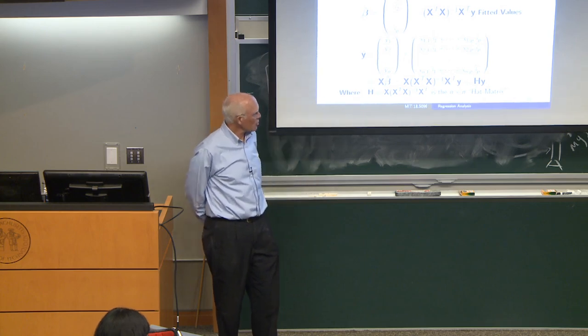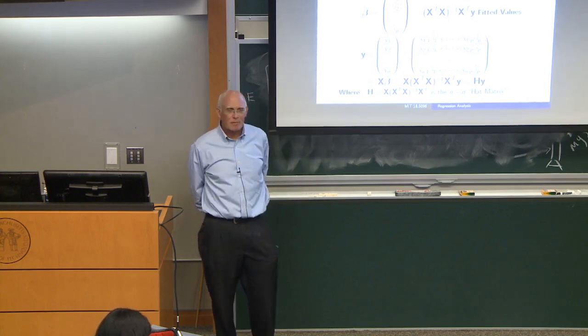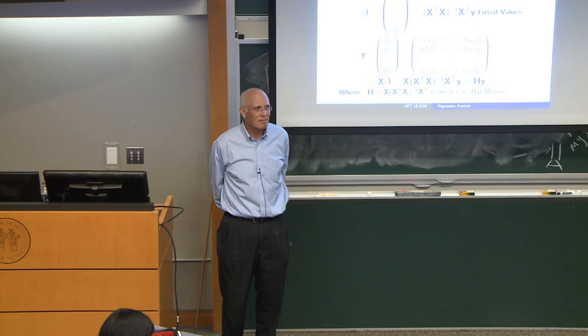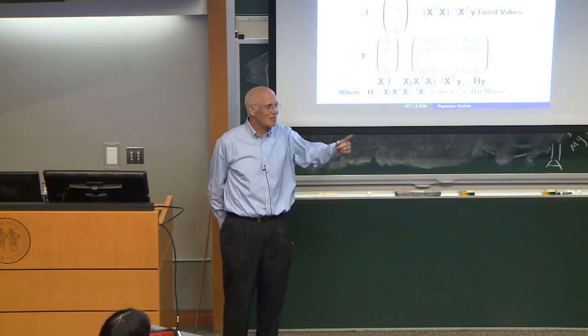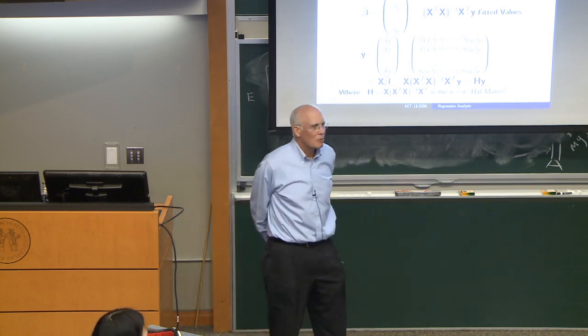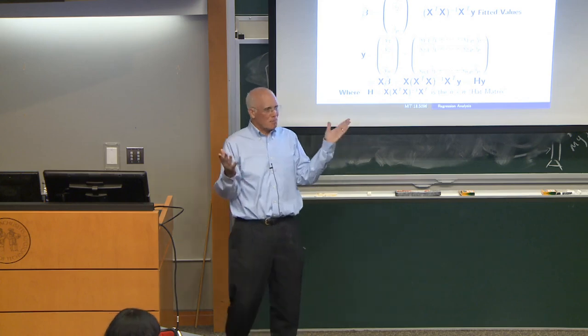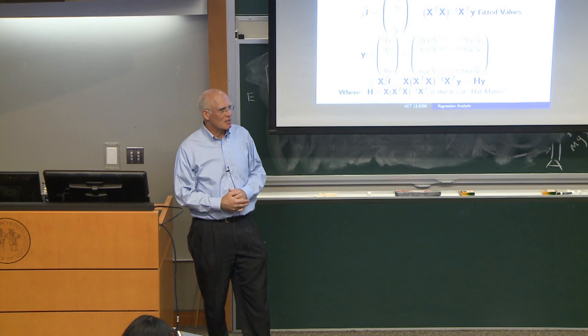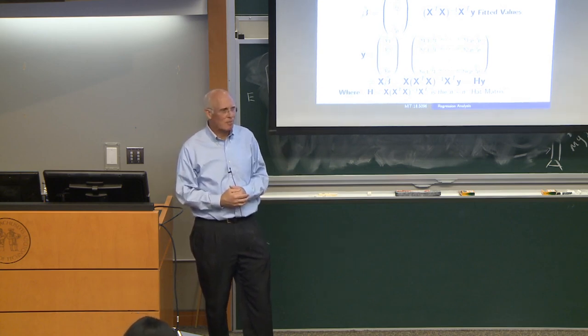It's an orthogonal projection, and what's it projecting? It's projecting from n space into what? Go ahead. What's your name? Ethan. Okay. Into the space spanned by X. Right. So it's projecting into the column space of X. That's what linear regression is doing.